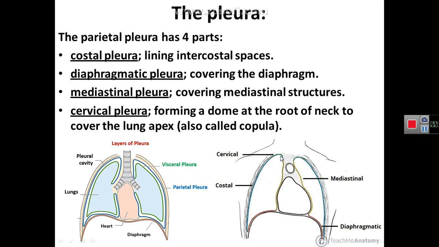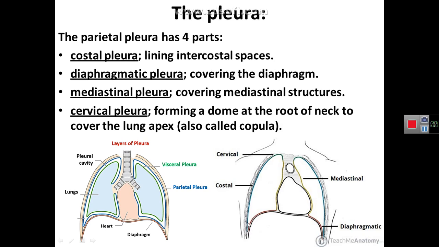And the cervical pleura, which is the pleura covering the apex of the lung, and it extends into the root of the neck. Sometimes the cervical pleura is called cupola. The parietal pleura, which is formed of these four parts, diaphragmatic, mediastinal, cervical, and costal pleura, shows reflections, that means angulations, in which one part of the parietal pleura is continuous with the other.